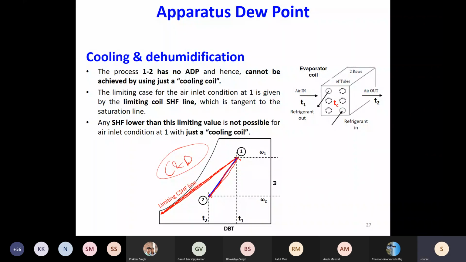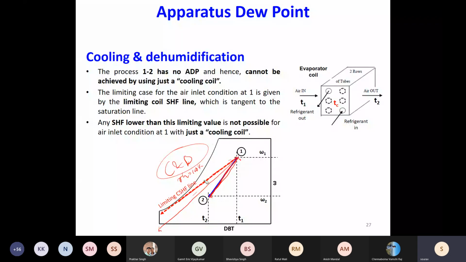Okay, if I ask you to provide me more dehumidification, you will see that you will not be able to have this line touching the RH equals 100%. In case you desire an exit condition here, that is possible because if you extend this line, it touches the RH equals 100%. All these lines are possible. But if you desire a line which is this, then this line is not possible. This process line is not possible using your cooling and dehumidification coil.